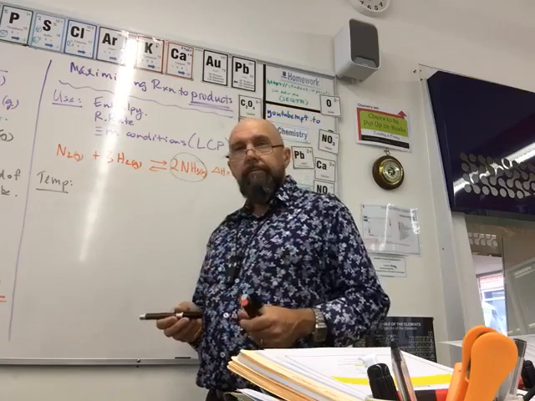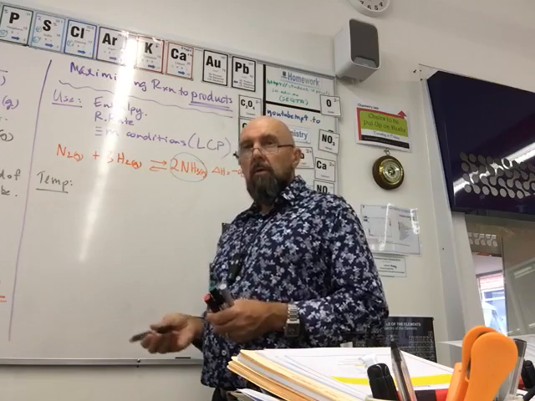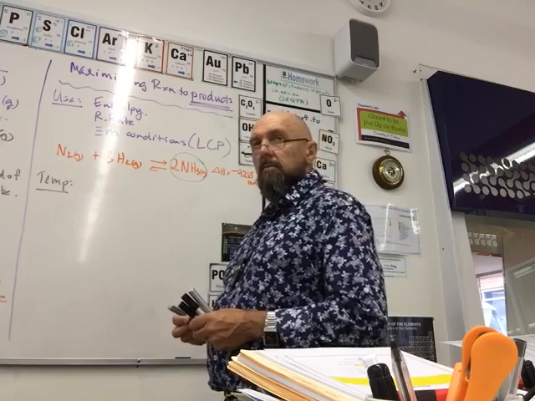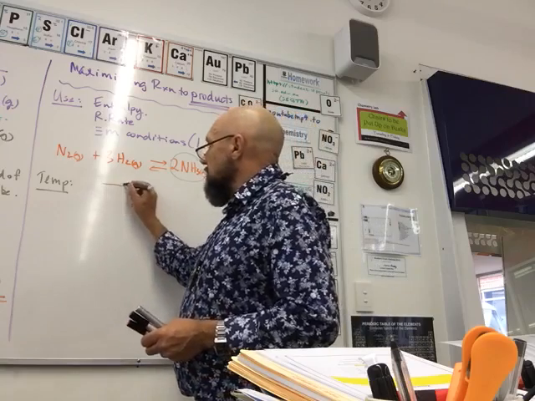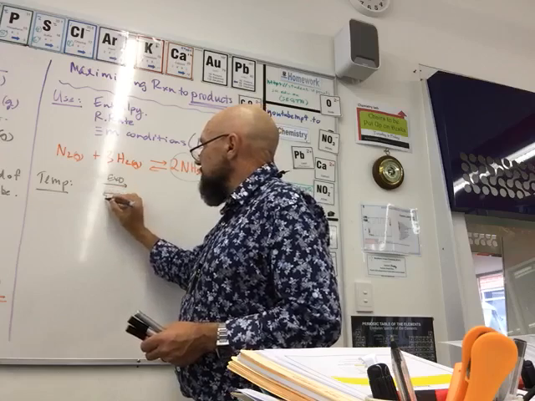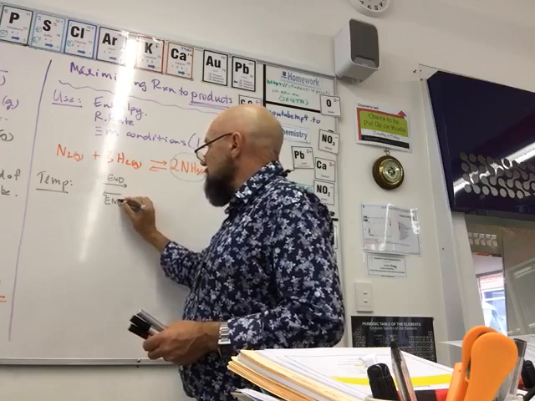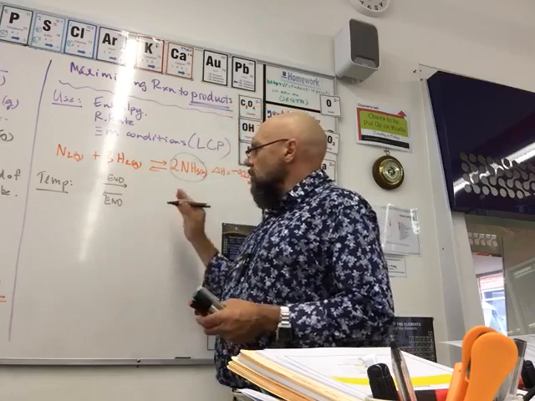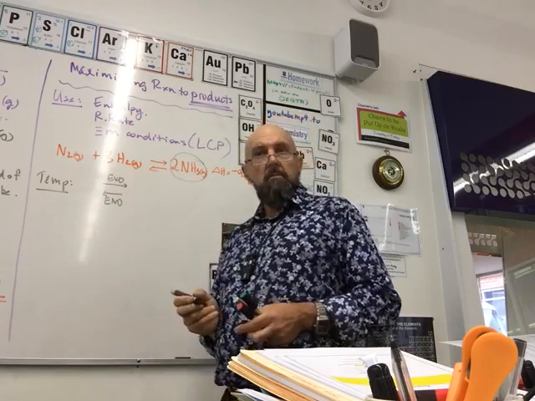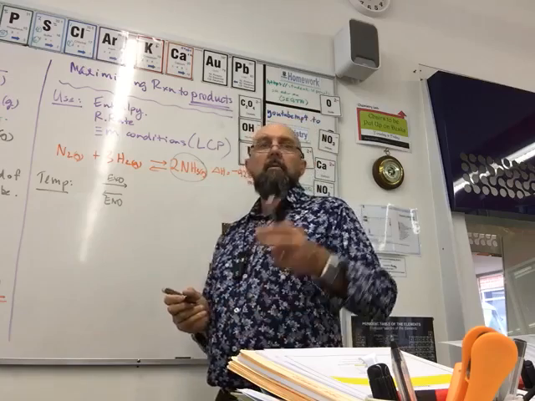Identify which way is exothermic and which way is endothermic. Good. So which way is exothermic for this reaction? To the right. So to the right is an exothermic reaction, to the left is an endothermic reaction. Therefore, what temperature would favour equilibrium to the right? Low temperature.